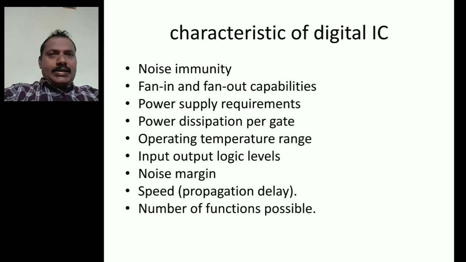So now let us see the characteristics of digital ICs. Noise immunity, fan in, fan out capabilities, power supply requirements, power dissipation per gate, operating temperature range, input output logic levels, noise margin, speed, number of functions possible.